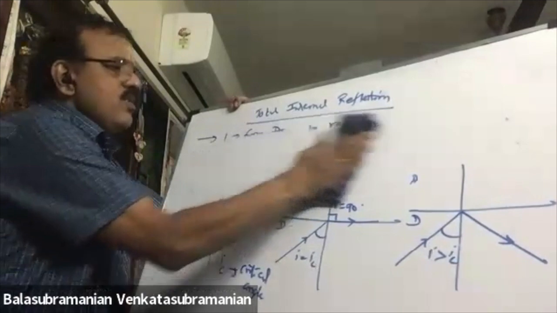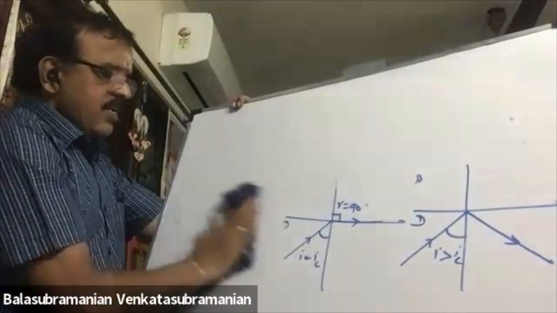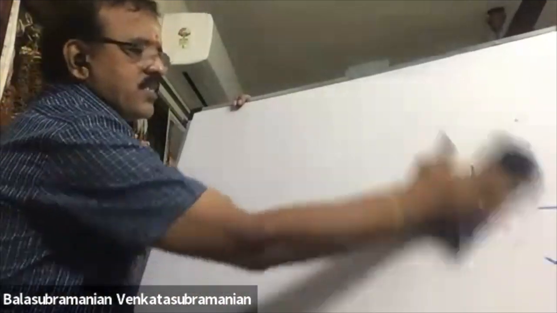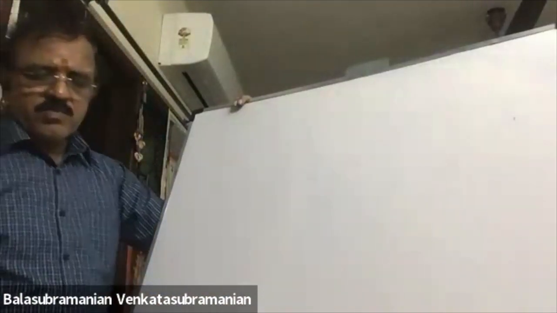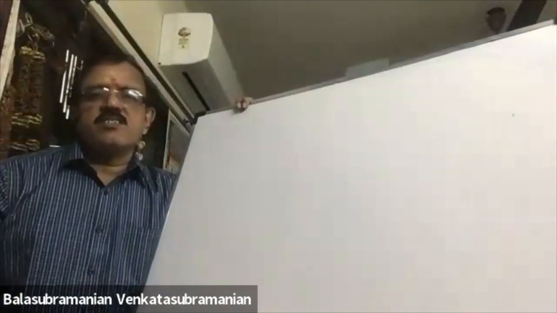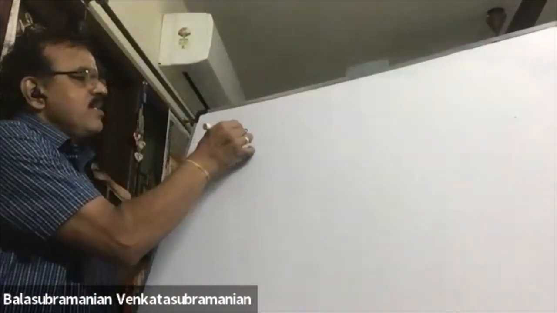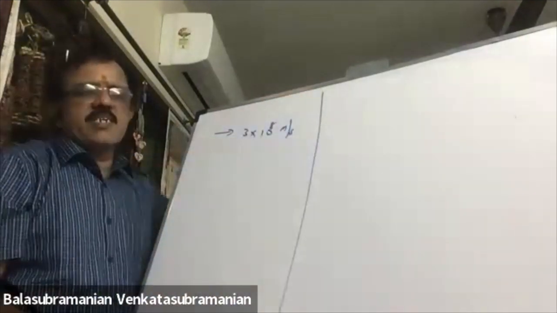Okay, sir, you told us light is capable of reflecting, refracting, and total internal reflection. Then what are the major properties of light? There is no question of property here. The velocity of light is 3 into 10 power 8 meter per second.